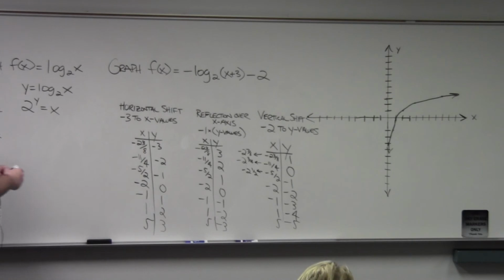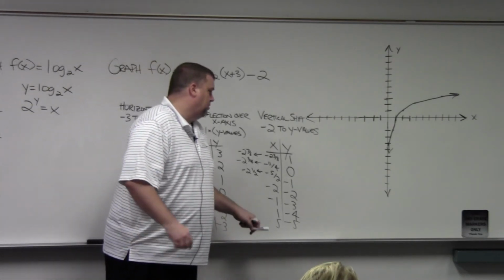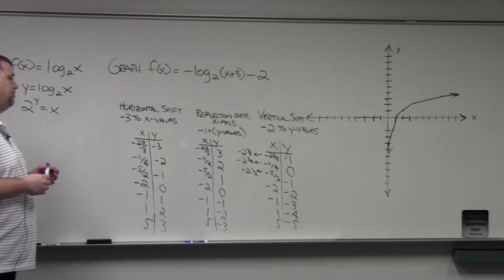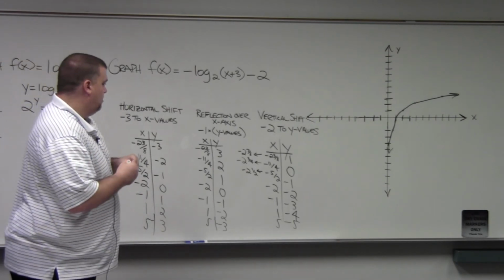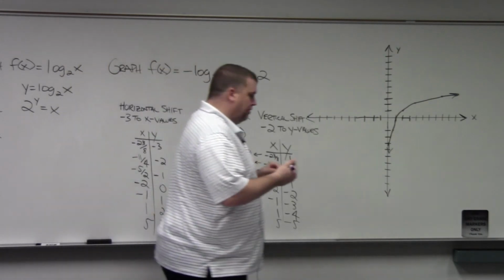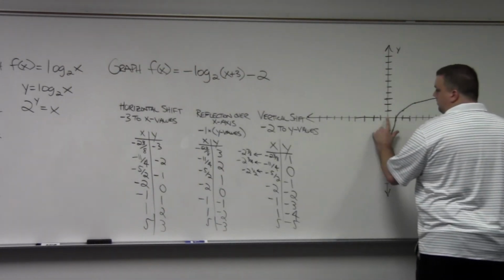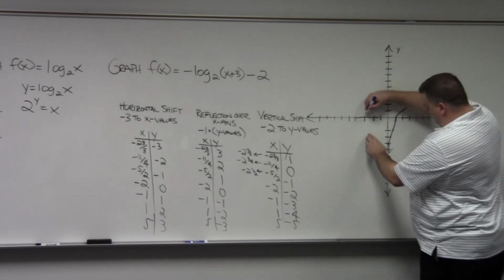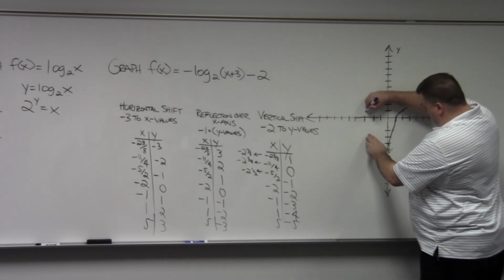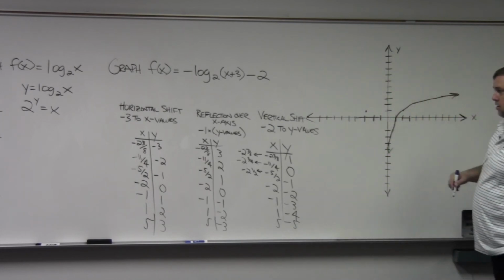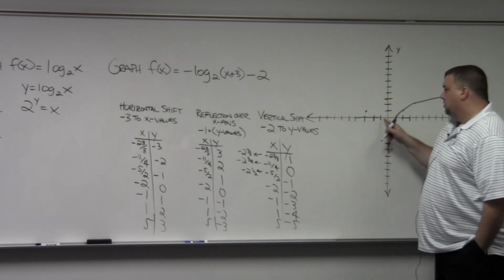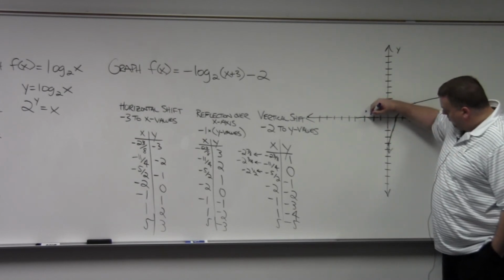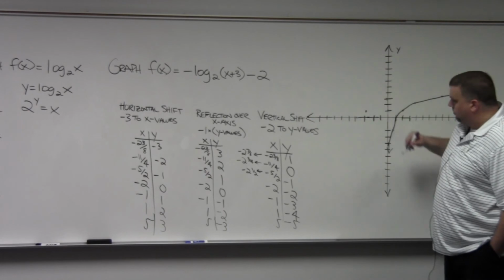Okay. So let's plot these new points and see what our graph looks like. Once again, it should be the same kind of shape, just in a different location. So negative 2 and 7/8 be very close to negative 3, and then up 1. So right about there. Negative 2 and 3/4, and 0. Roughly right about there.